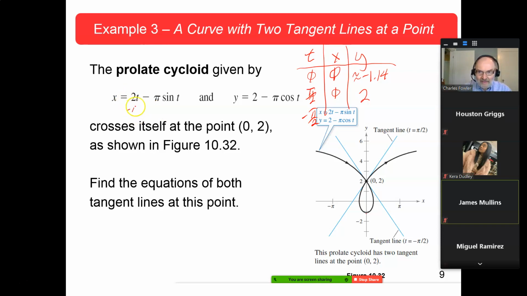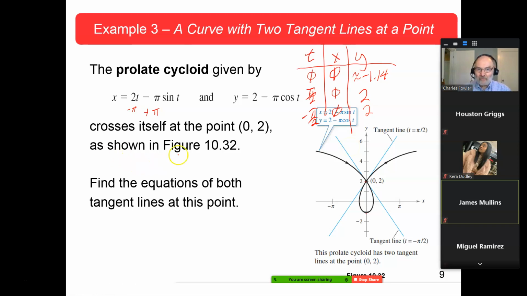That would be a minus pi, because 2 times minus pi halves would be a minus pi, minus, oh wait, sine of minus pi halves is negative 1, so that's going to be a plus pi, so that's 0 here also. Boy, x can't get off zeros, can they? And when you plug in a negative pi halves here, you get 2 minus, well, cosine of negative pi halves is 0, so that's 2 again. Well, there we are again. We're at this point again. We're there for pi halves and for negative pi halves. We really can't tell which is which.